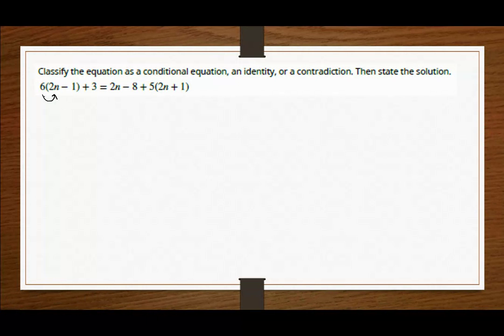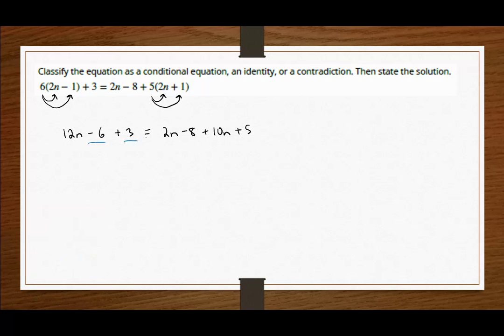So showing my distribution here with the arrows, I get something like 6 times 2n is 12n. 6 times negative 1 should give me minus 6. Then we bring down our other constant here, just plus 3. On the right-hand side of the equation, I've got 2n minus 8, and then we hit our distribution, which looks something like this. So we get 5 times 2n, that's going to give me plus 10n. 5 times positive 1 should give me just plus 5.